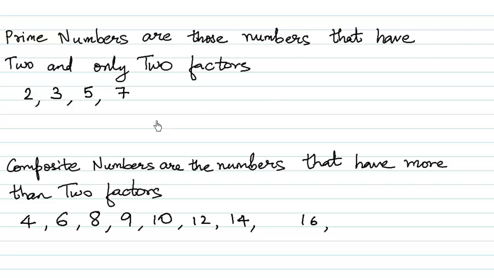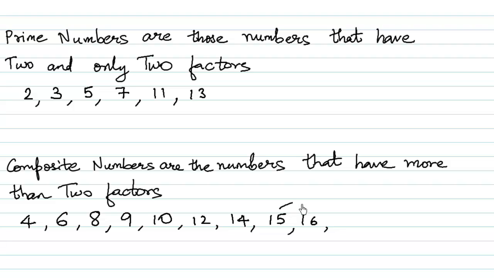Now, what about 11? 11 is a prime number. What about 12? 12 is a composite number. What about 13? 13 is a prime number. What about 14? 14 is a composite number. What about 15? 15 is not a prime number. 15 comes in the table of 3 and 5 also. And that is why I left the space purposely. So 15 is a composite number.